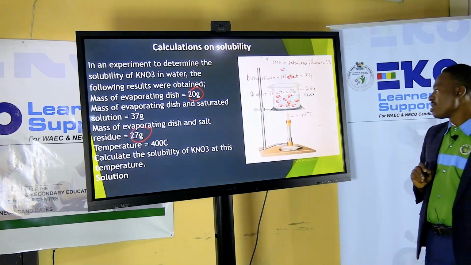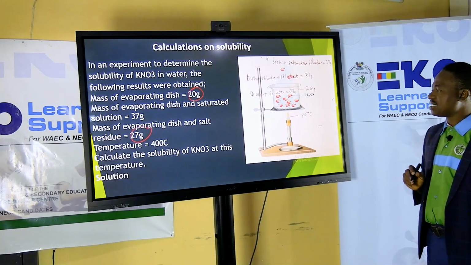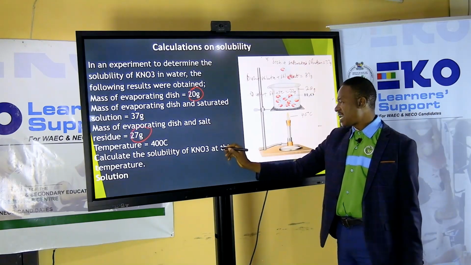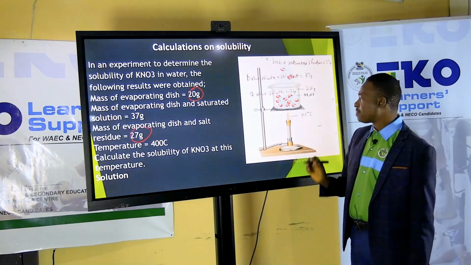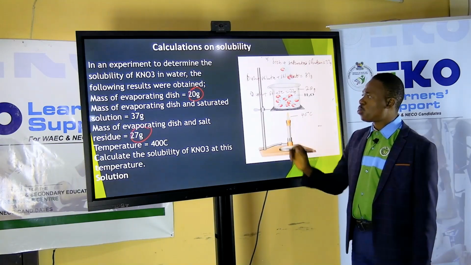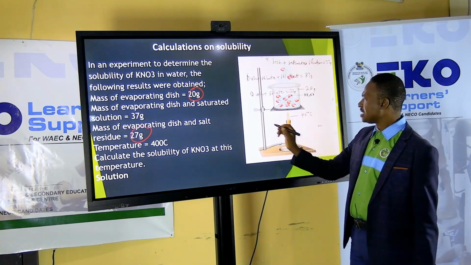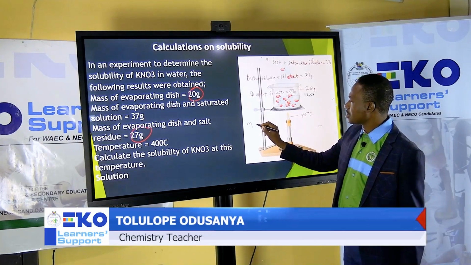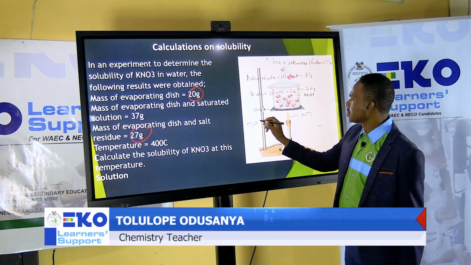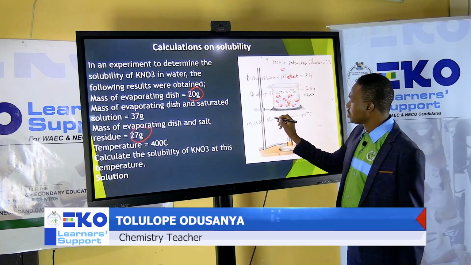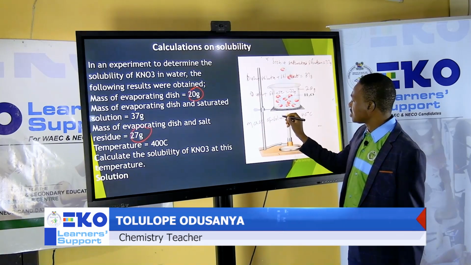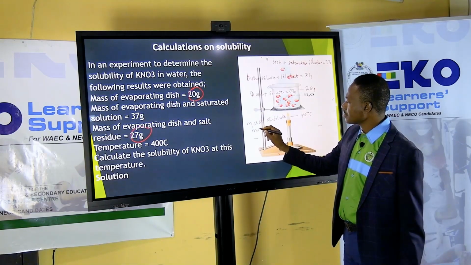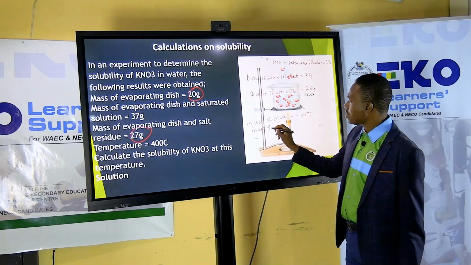So the question is, we have to calculate the solubility of KNO3 at this particular temperature. What do we need to do? Firstly, we need to get the mass of solutes. Second, we need to get the mass of solvents.